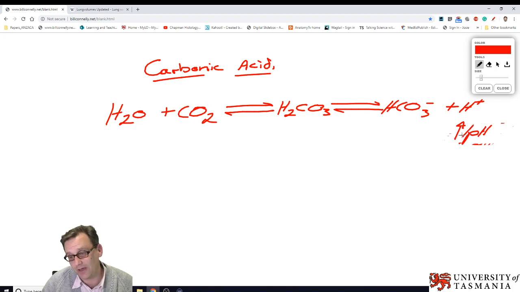So pH is decreasing as hydrogen ions are increasing, and as a result we say it's becoming more acidic.